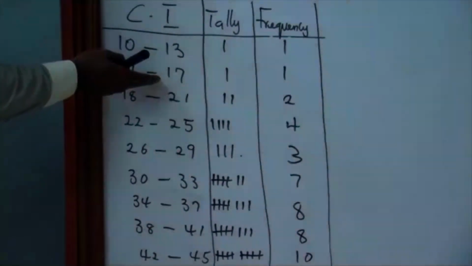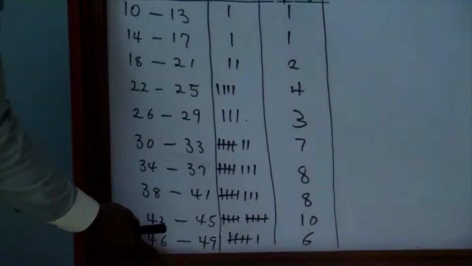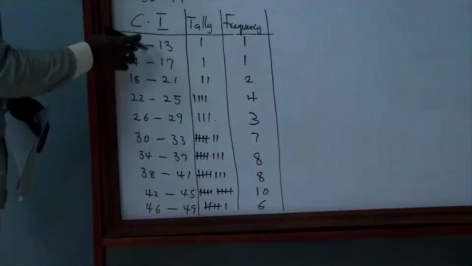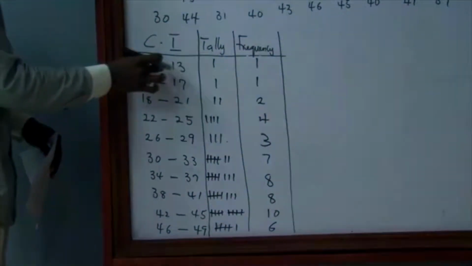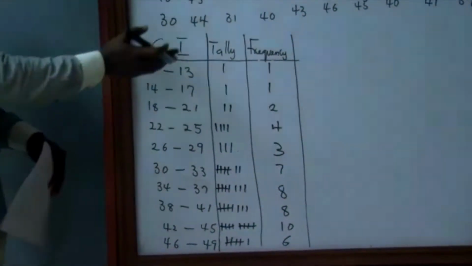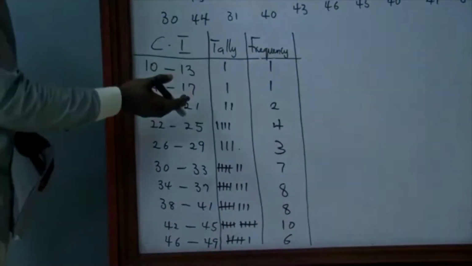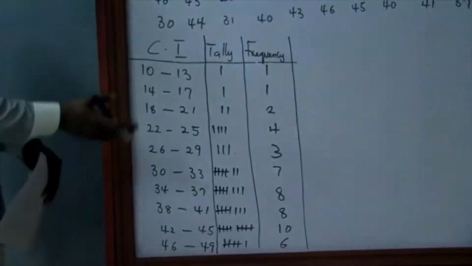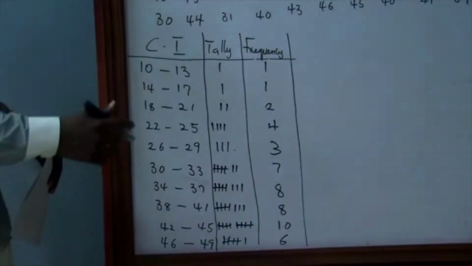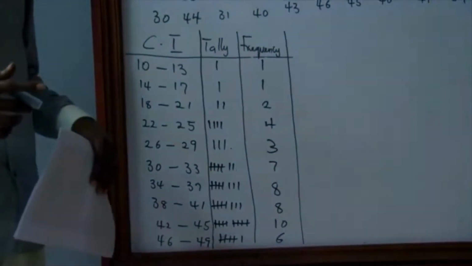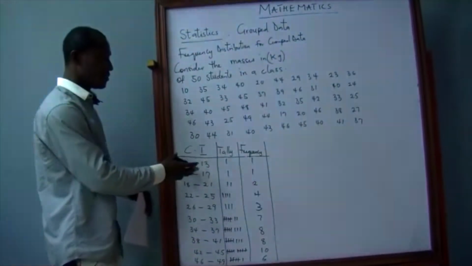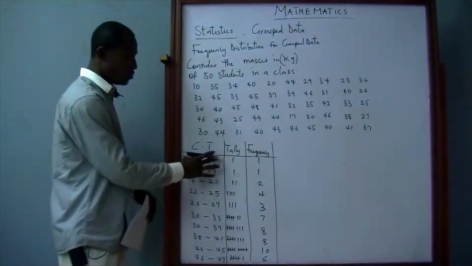This one is also 4, up to 46 to 49. So what this means is that students whose masses are between 10 and 13 will be classified here. The students between 14 and 17 kilograms will be in this class, just like that. Now, instead of taking one student each, as we did for ungrouped data, we have classified them. Then whatever frequency we have will belong to this class.